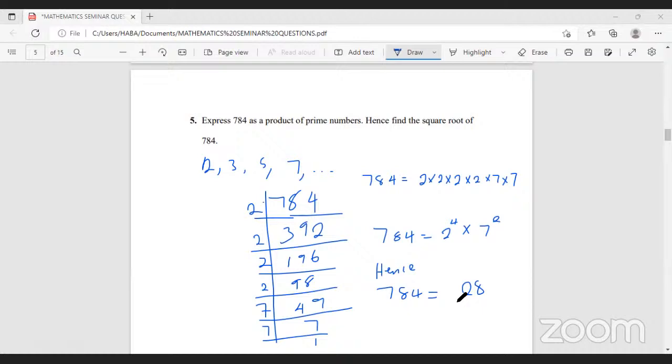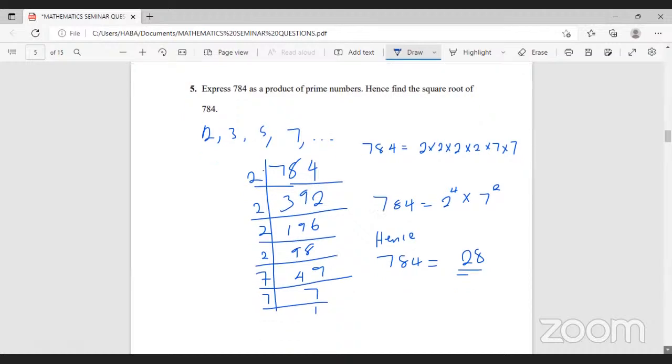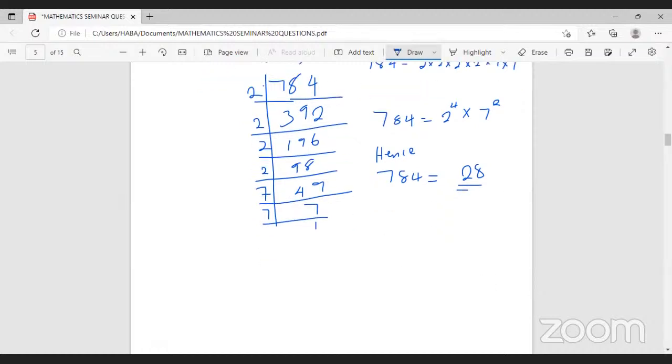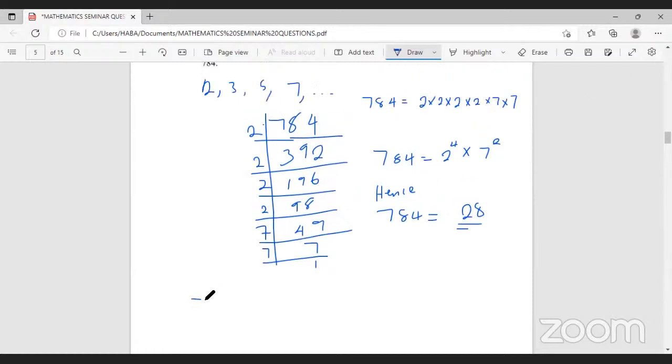Okay. Thank you for that wonderful presentation. If you're not using a calculator, I think we just remove the powers. So we have 784 being expressed as 2 times 2, so we can have this in a pair. Then we add another pair 2 times 2, then another pair 7 times 7.